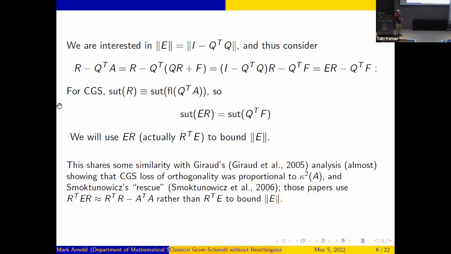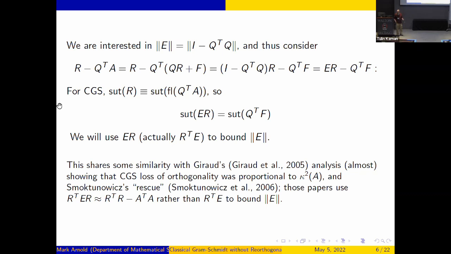So in 2005, Giraud and Longo, and I'm not sure if I'm pronouncing the names correctly, proved that classical Gram-Schmidt had loss of orthogonality in Q that was proportional to the square of the condition number of A. And people for 60 or more years were trying to find a result like this.